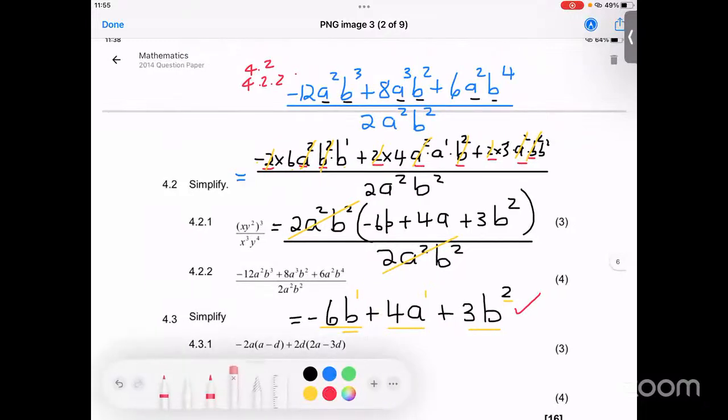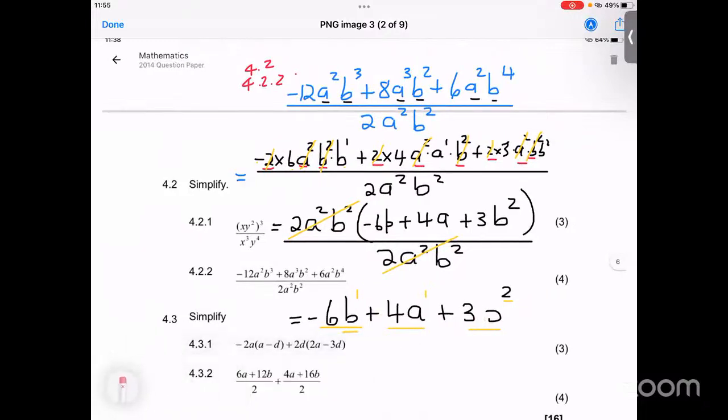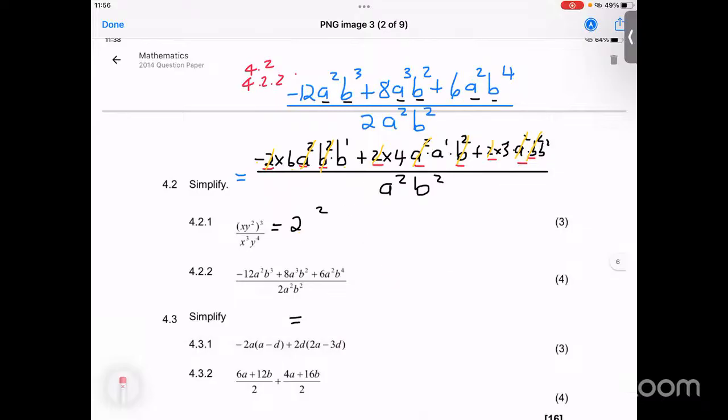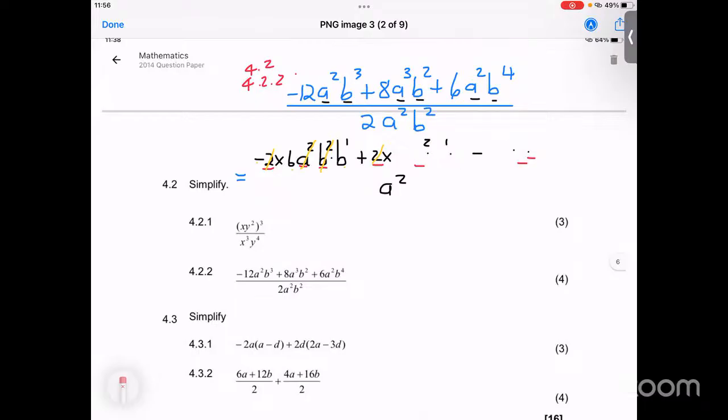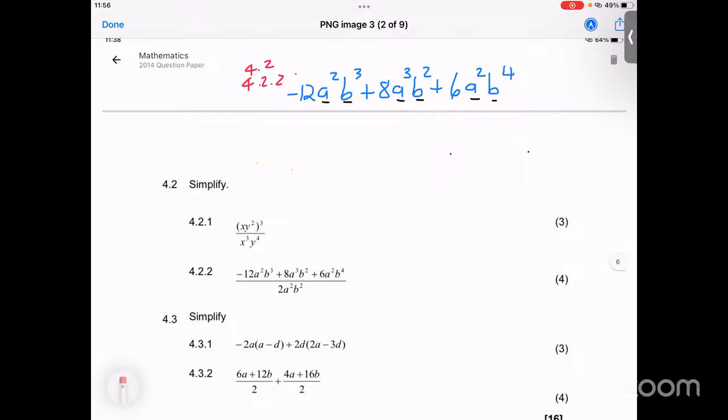I hope that makes sense. So now I'm just going to remove all of that and jump onto a different question there. Okay, I will just have to remove all of that.